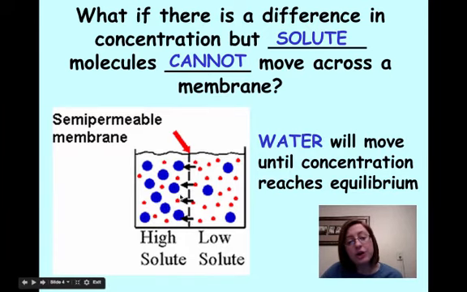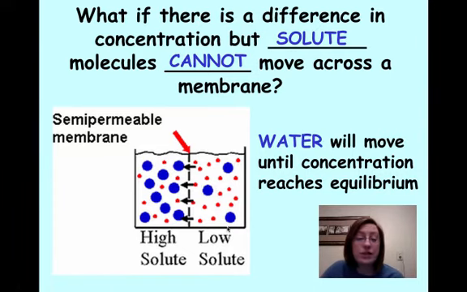We have these large blue solute molecules, and they're not able to cross the membrane. We have a higher concentration of solute on this side, and then we have our membrane here, and a lower concentration of solute on this side. Under normal consideration for diffusion, what would happen is our solute molecules would move from high to low. But look at how big they are. They're not going to be able to move.